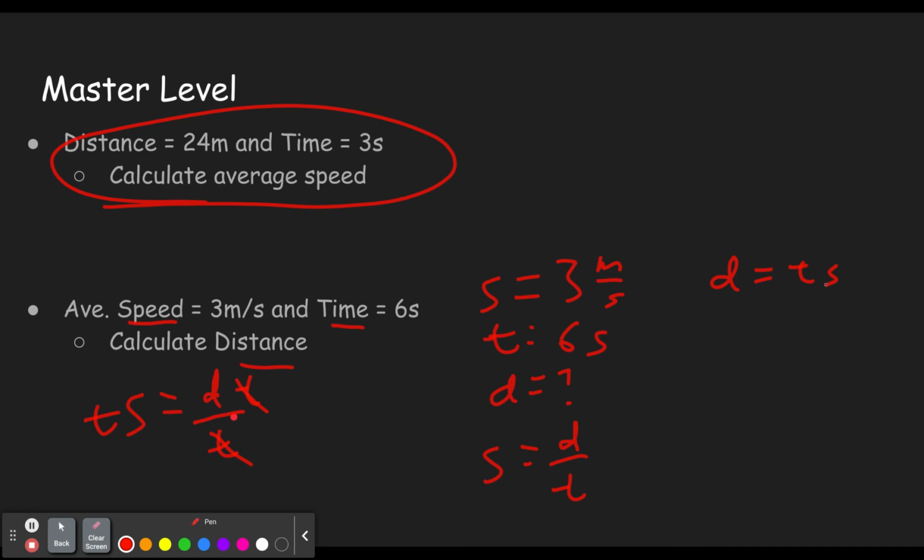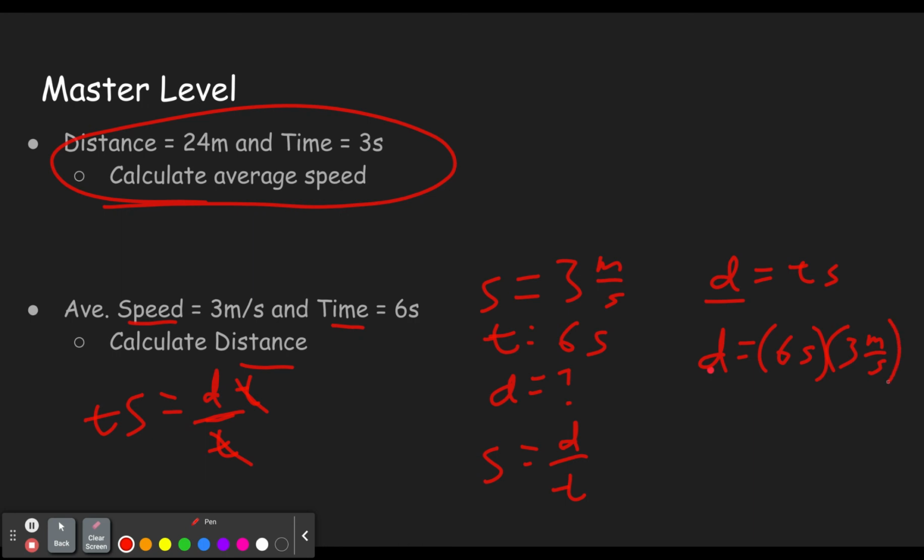So here we have the distance equals time times speed. All right, so now we just plug in D equals, and I like putting these in parentheses. Here's the time, 6 seconds, and here's the speed, 3 meters per second.